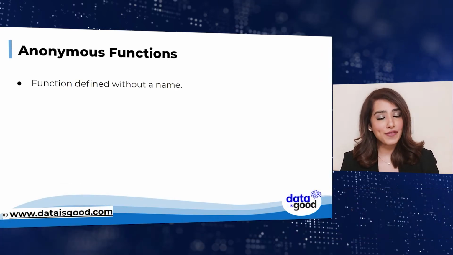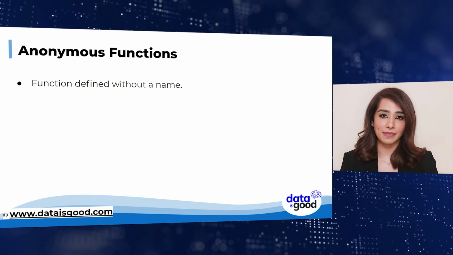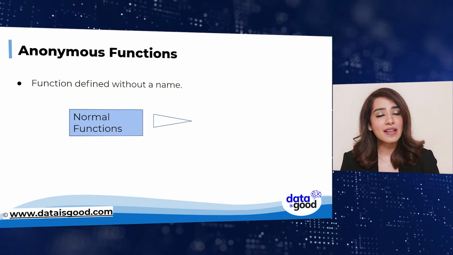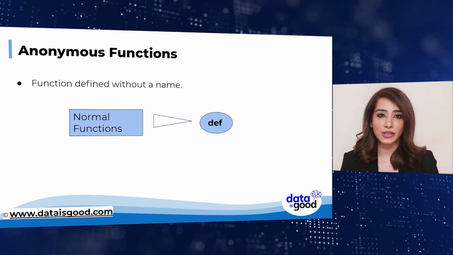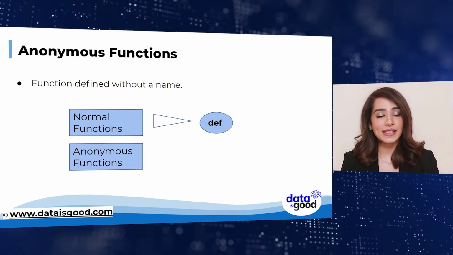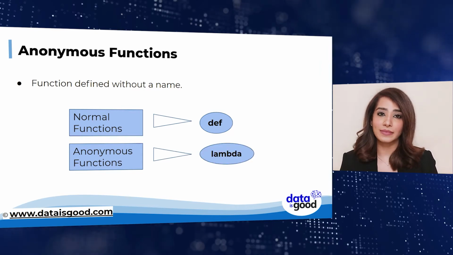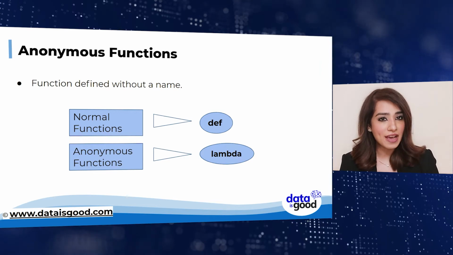An anonymous function is a function that is defined without a name, while normal functions are defined using the def keyword in Python. Anonymous functions are defined using the lambda keyword. Hence, anonymous functions are also called lambda functions.